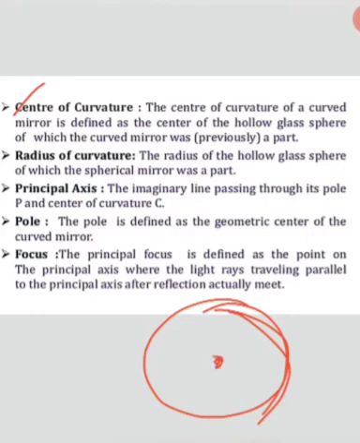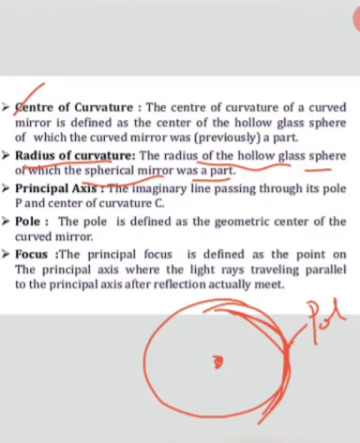The distance between the center of curvature and the midpoint of the reflecting surface, which is the pole, is defined as the radius of curvature: the radius of the hollow sphere of which the glass spherical mirror was a part.